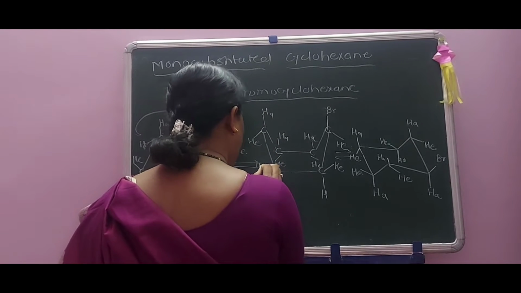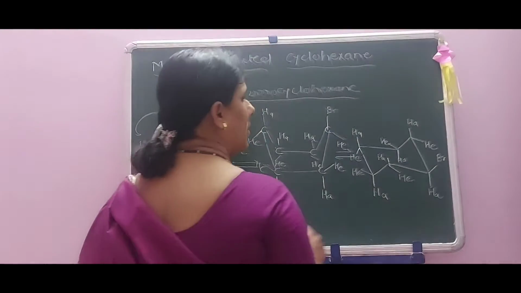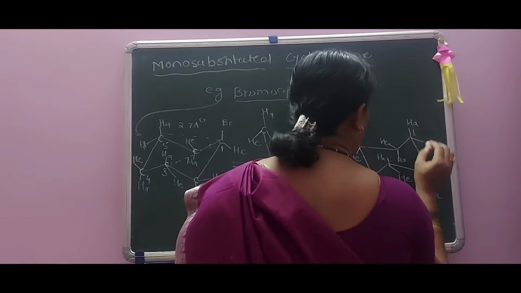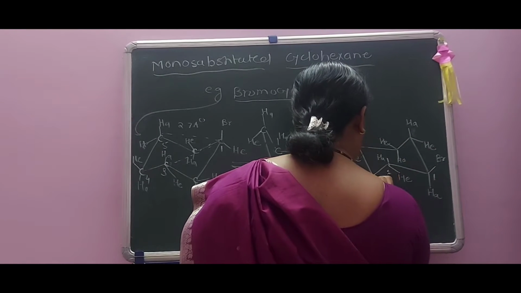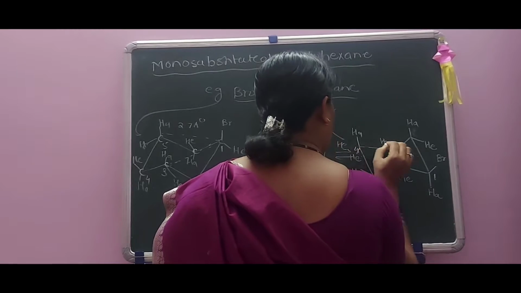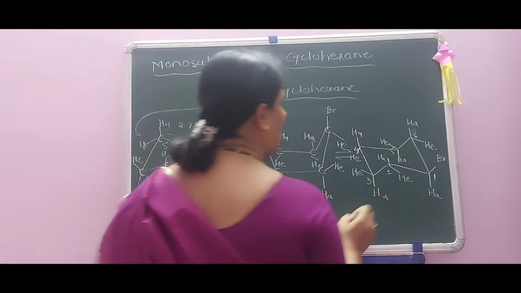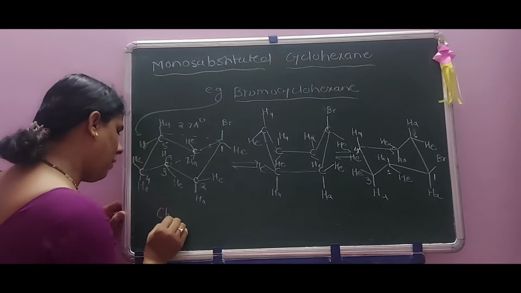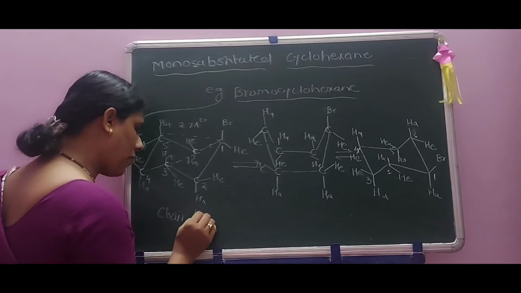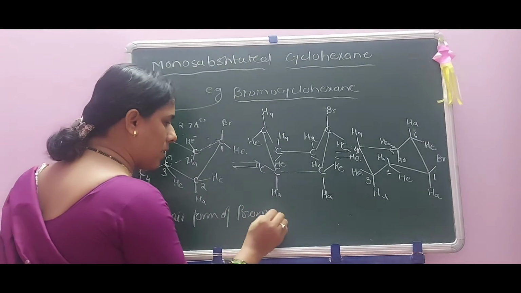Then He, Ha. Now this is 1, here also 1, 2, 3, 4, 5, and here also number 6. Now this is the chair form of bromocyclohexane.